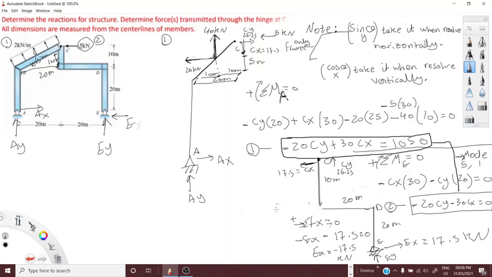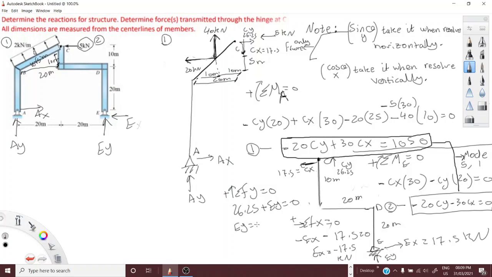And we need to find the summation of Fy. Summation of Fy equal to 0, upward positive. You have Cy, which is 26.25, and you have the plus Ey, which is upward also. So there's no any other force.